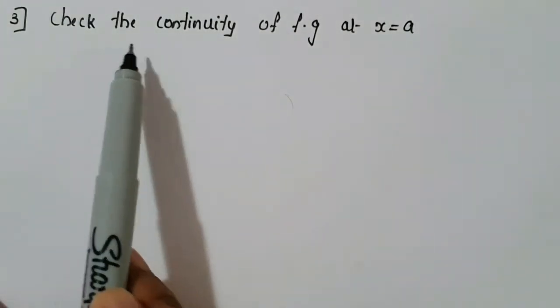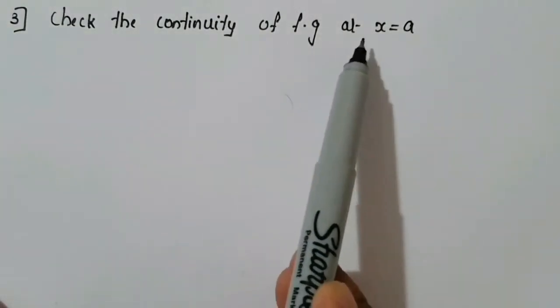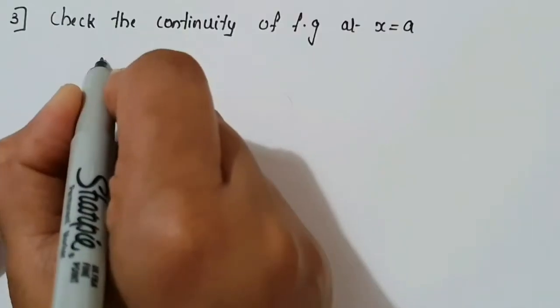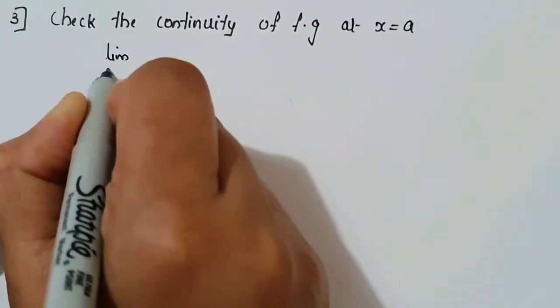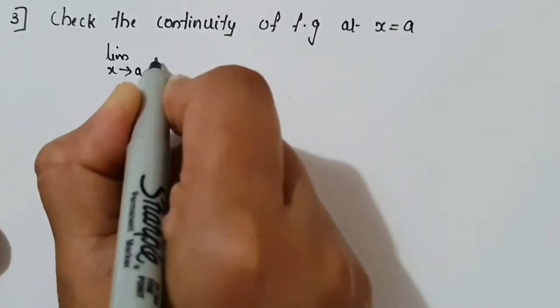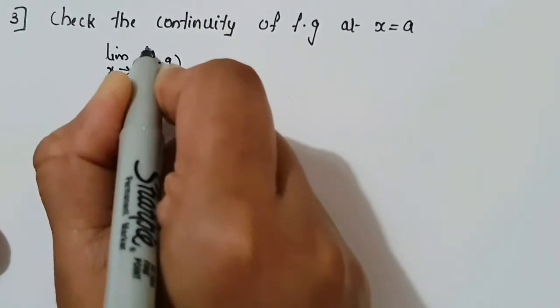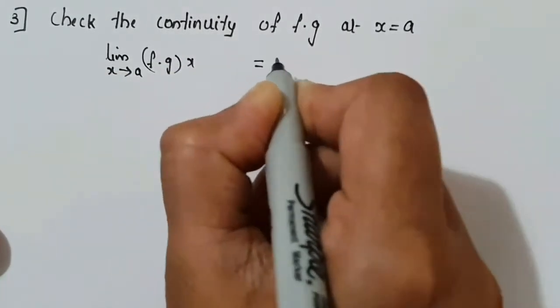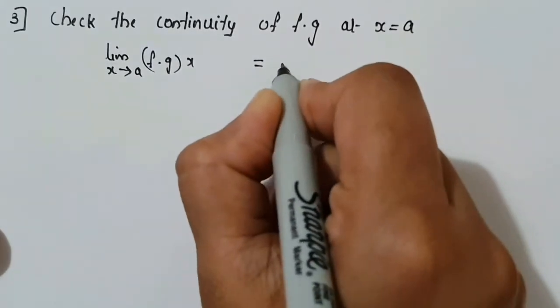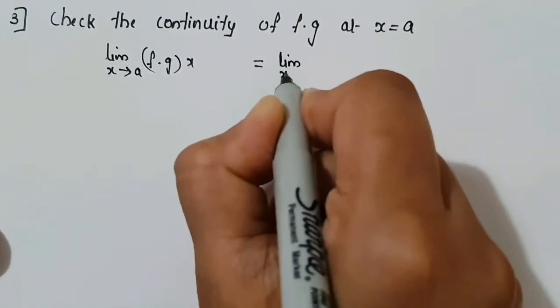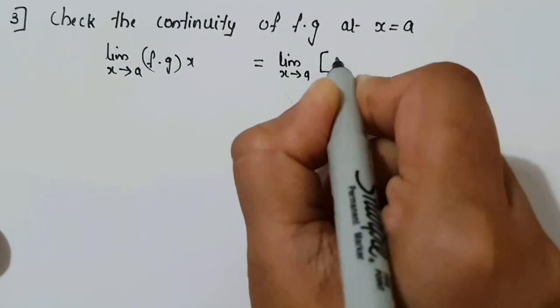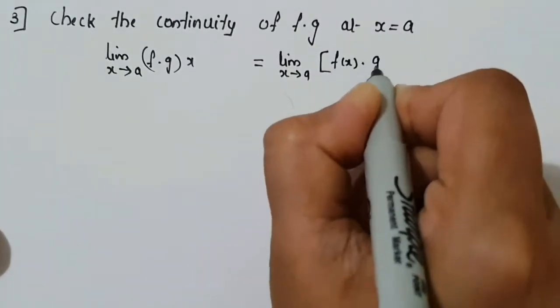Our third proof is to check the continuity of f dot g at x is equal to a. We have limit x tends to a, (f dot g) of x. This is equal to limit x tends to a of f of x dot g of x.